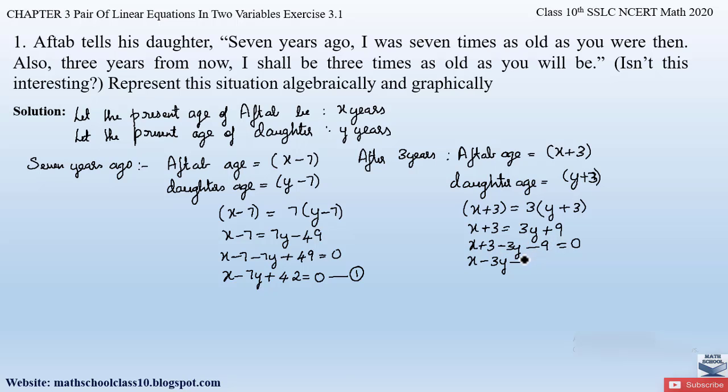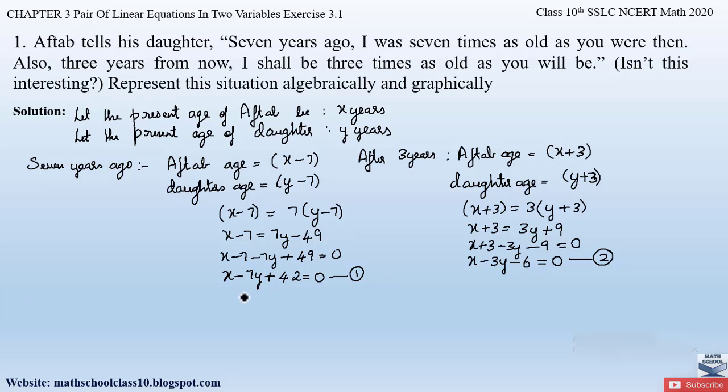Subtracting 9 minus 3 you will get 6, so x minus 3y minus 6 is equal to 0. So this is the second linear equation which we have formed from the question. So these two equations, equation 1 and equation 2, represent the situation algebraically. Now using these two equations, let us draw the graph and represent the situation graphically.